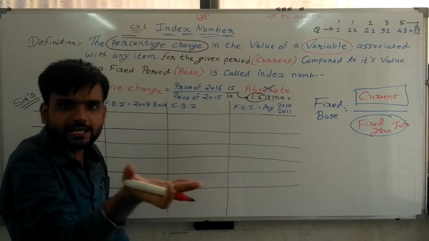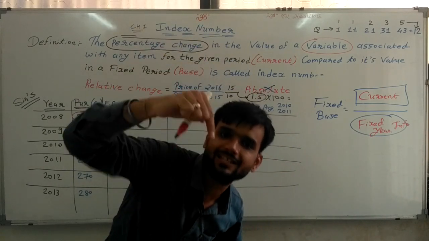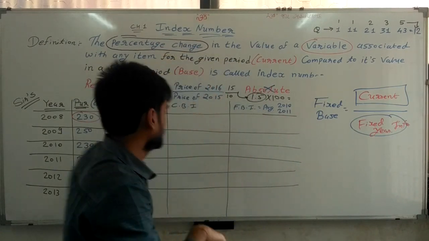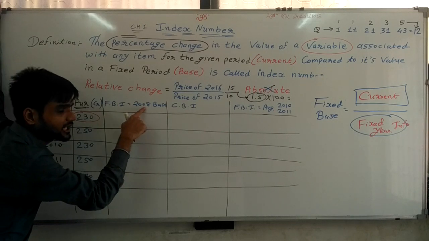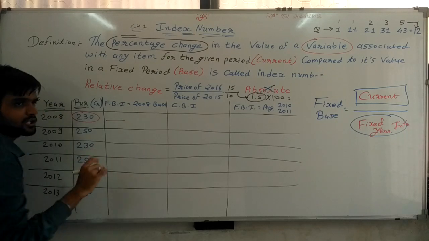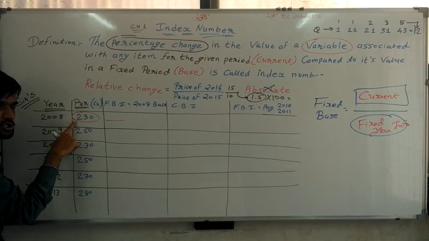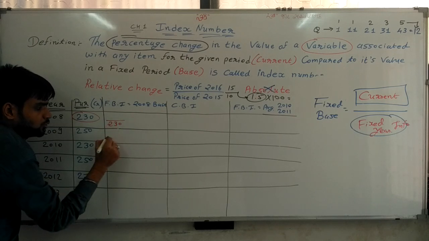So base is fixed at 230, because fixed year information is in the base. So in division, 230 is fixed.